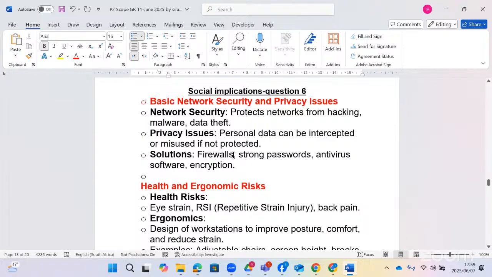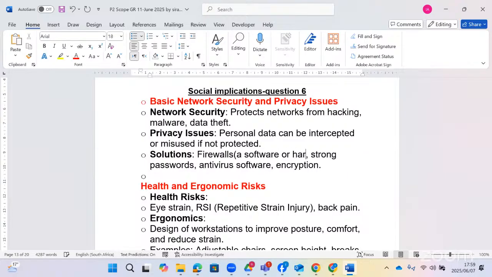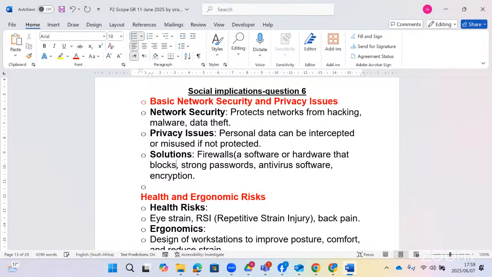A firewall is software or hardware that blocks and authorizes access to a network. So it blocks and authorizes access to a particular network.